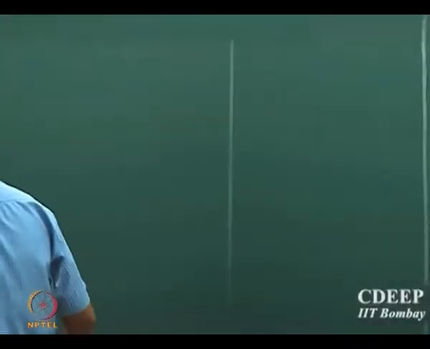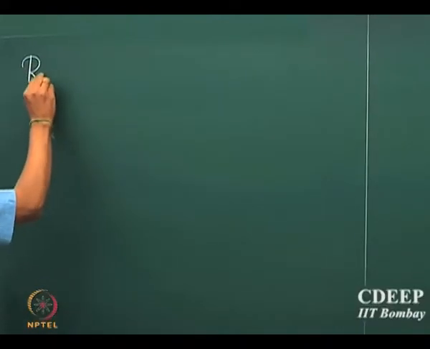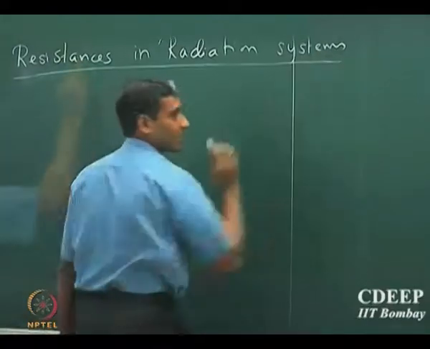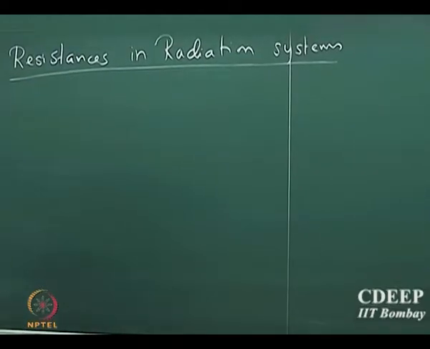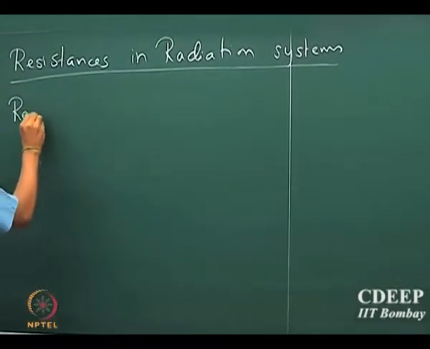So, we have been discussing the resistance concepts. We are going to take a specific case in today's lecture. It is called the re-radiating surface.